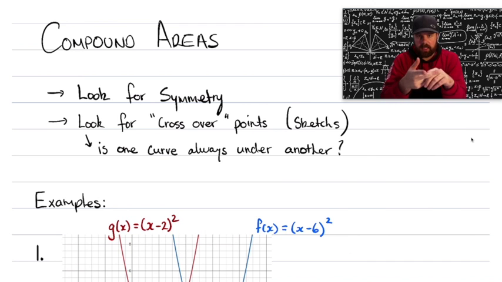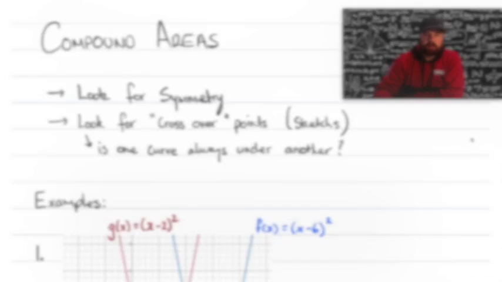And something we're going to get into when we're looking for these crossover points is, is one curve always under another curve over that interval that we've been asked to find the area? Because if it is, we've got a hard and fast way that will always work when one curve isn't always entirely above another curve. Right? So let's get into this.